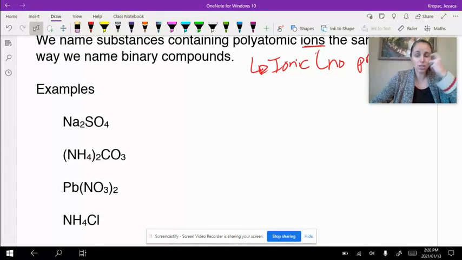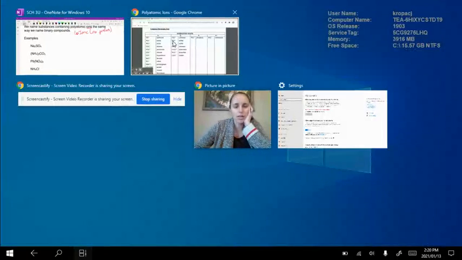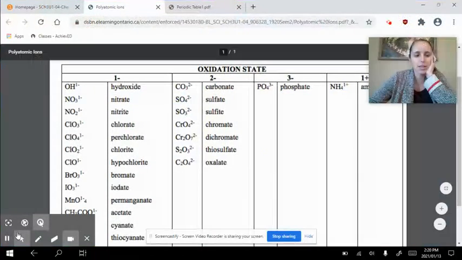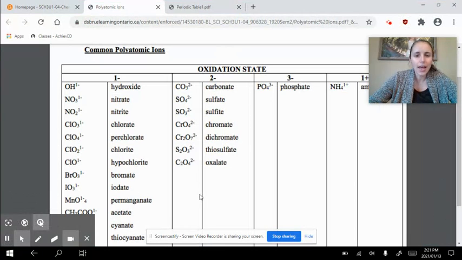Next up, I want to identify what my polyatomic ion is. Most of the time, your polyatomic ion is going to come second. So I'm going to go to my polyatomic list and see if I can find SO4. I can see I've got SO4 here. SO4 has the name of sulfate.